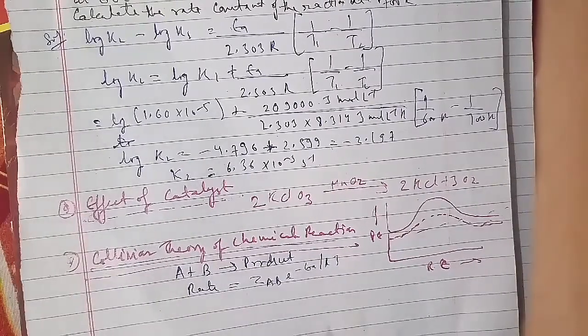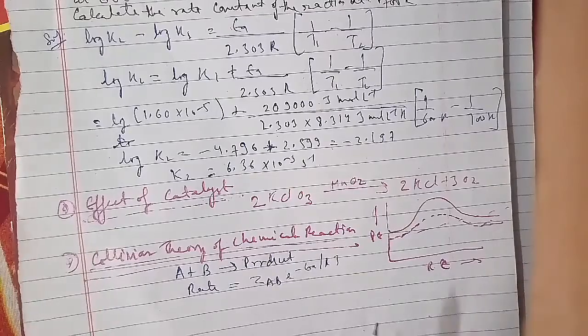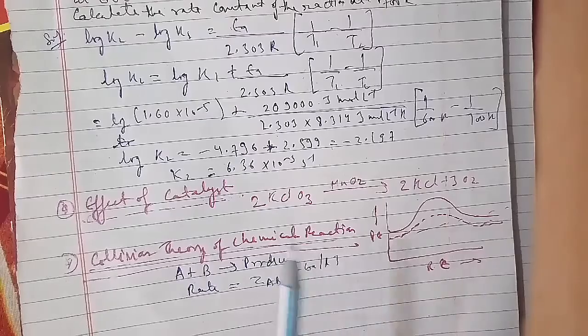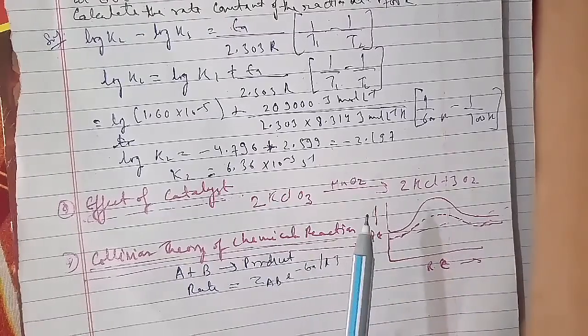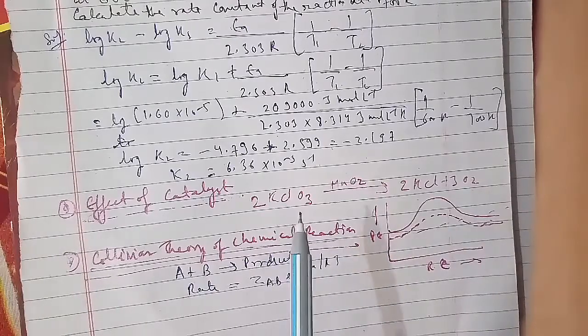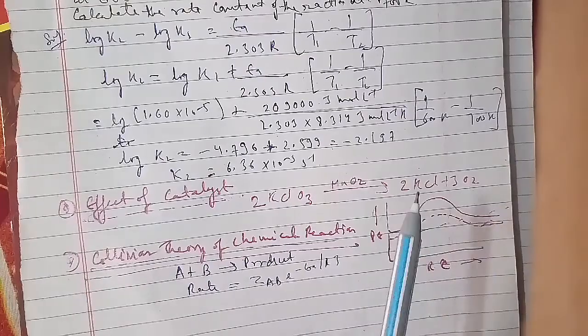For example, the formation of methanol from bromomethane depends upon the orientation of the reactant molecules. The proper orientation of the reactant molecules leads to product formation, whereas improper orientation makes them bounce back and no product is formed.